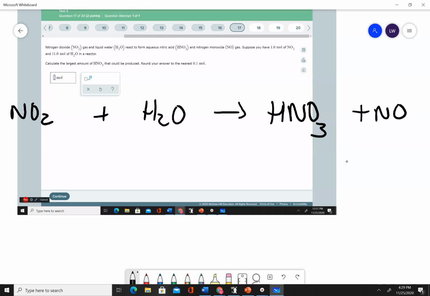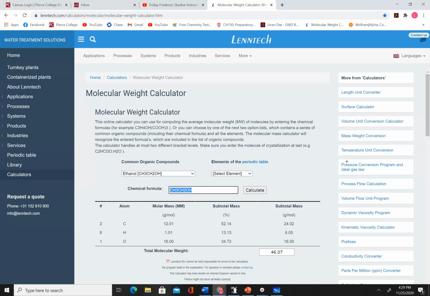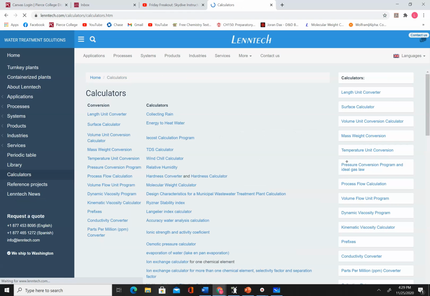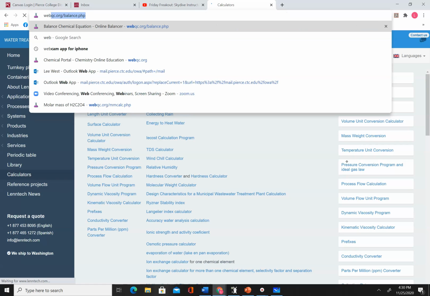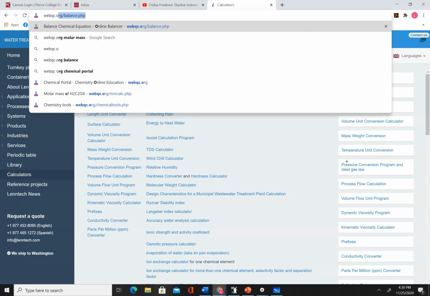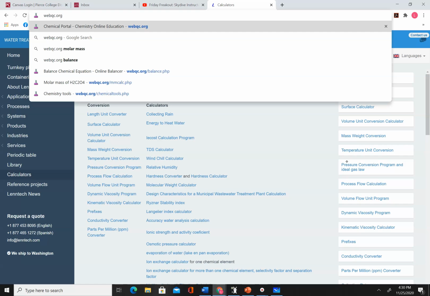One of the things that you might do, rather than try to work through this and balance it by hand, so to speak, is use an online equation balancer. There's a variety of these, but the one that I really like is at webqc.org, and there it is.